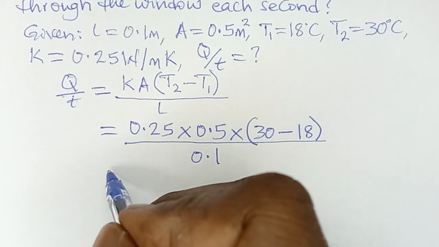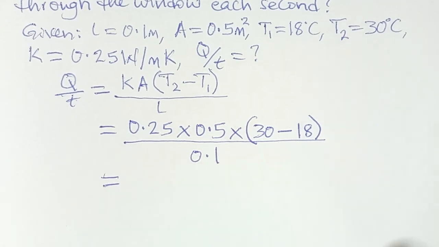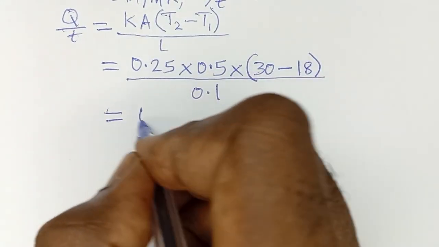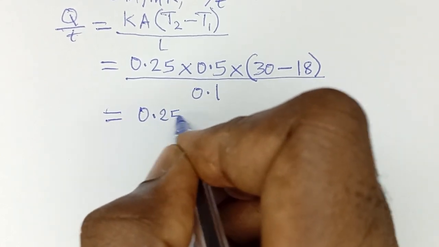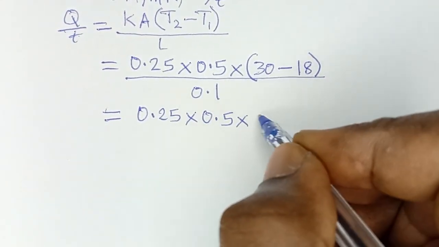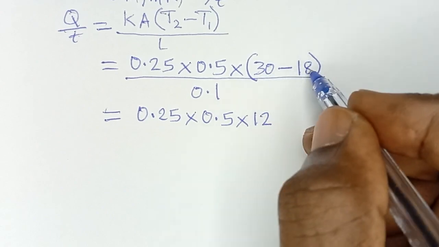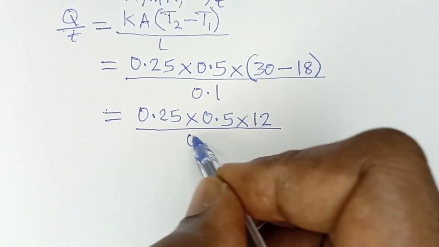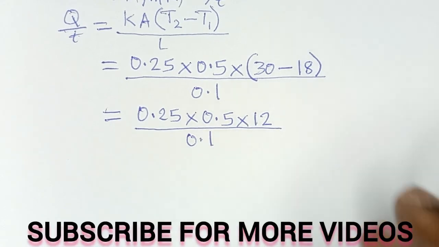So this will simplify further to give us 0.25 multiplied by 0.5 and then multiplied by 12, since 30 minus 18 gives us 12. And then everything divided by 0.1.